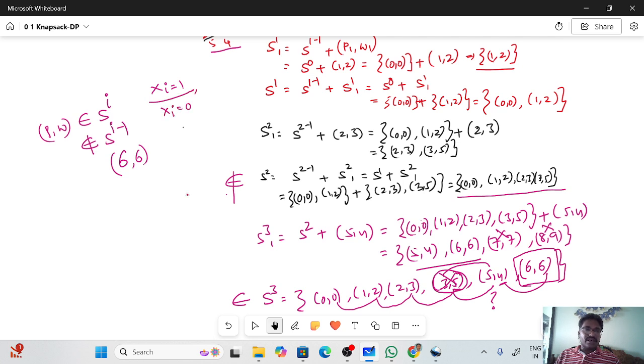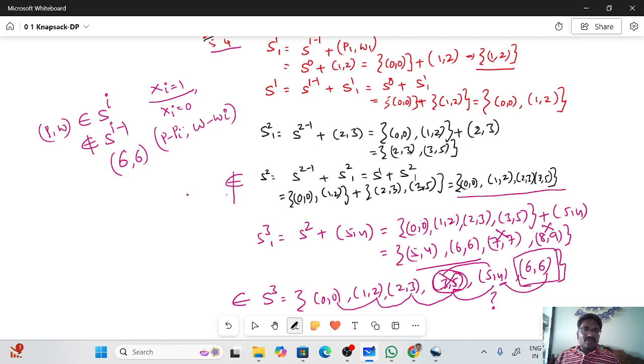If it is 1, then I must update the profit and weight. What is the profit as of now? P. What is the weight as of now? W. Which item are you considering? The ith item. Nothing but the ith item profit and ith item weight you must subtract. So after adding, you must update the profit and weight. The previous profit is P, from that we subtract the current item profit, and as of now the weight is W and you must subtract the current item weight.